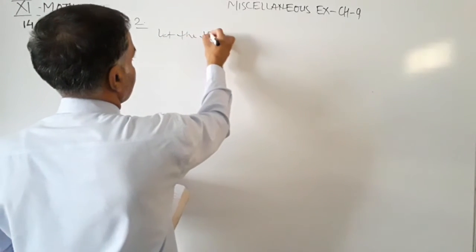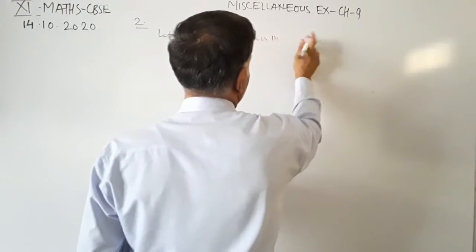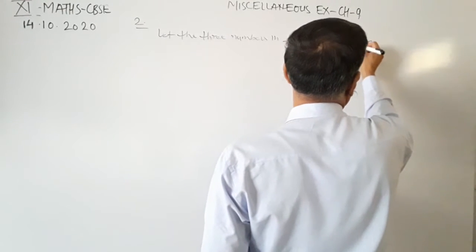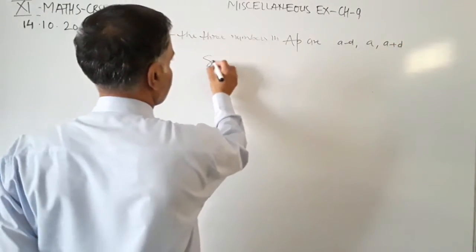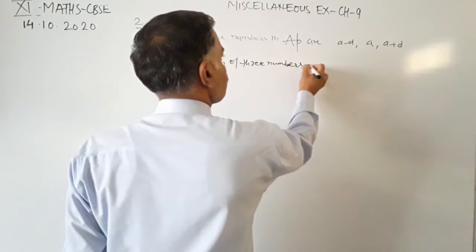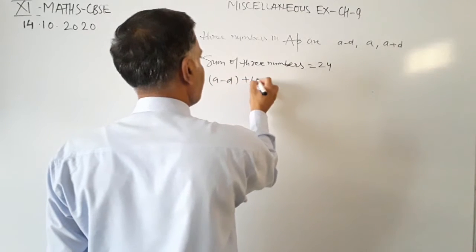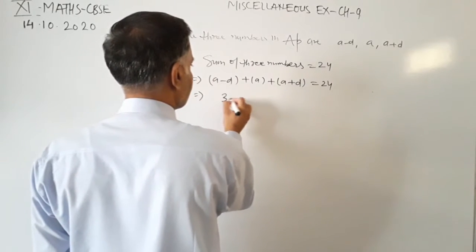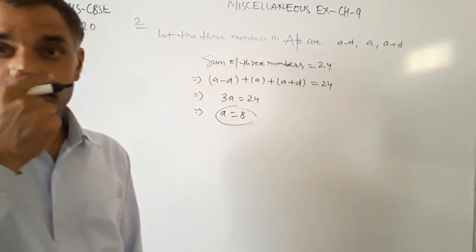Let the three numbers in arithmetic progression be a minus d, a and a plus d. The sum of the three numbers is equal to 24. Means a minus d plus a plus a plus d is equal to 24. The d will cancel. 3a equals 24, which implies that a equals 8.